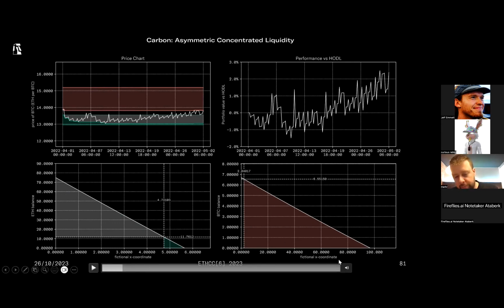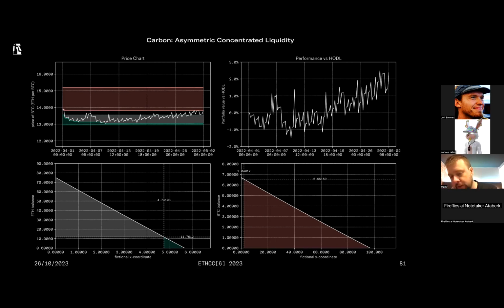And you'll see, I've actually labeled the x-axis in both of these plots the fictional x coordinate, and it is because to have a bonding curve at all in the traditional sense, in Carbon's context, requires you to perform an integration, which means that you kind of get back a dimension that wasn't there before.